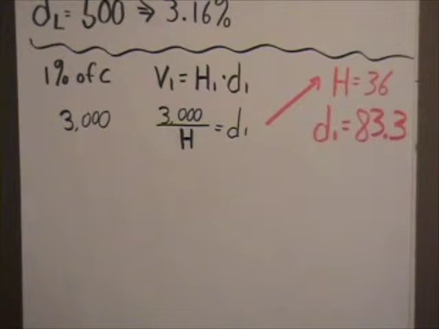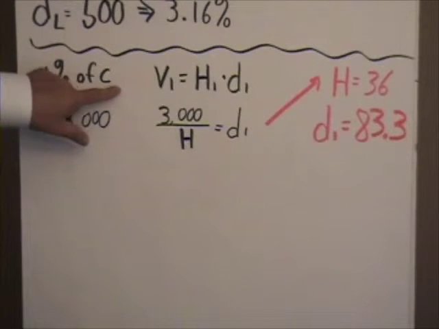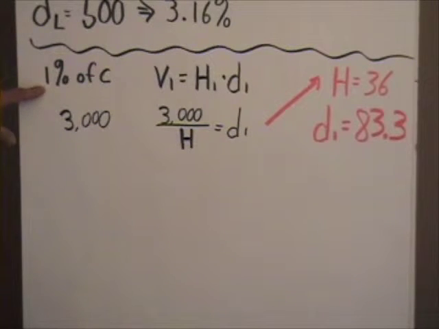Another way of looking at where the breakpoint might be, where you might want to use the relativistic formula, is that it's sometimes said that relativistic formulas should be used whenever velocities go over 1% of the speed of light. So that 1% of the speed of light is 3,000 kilometers a second.